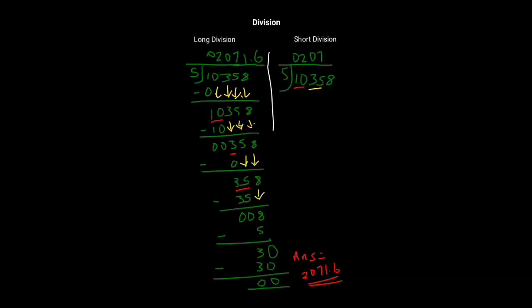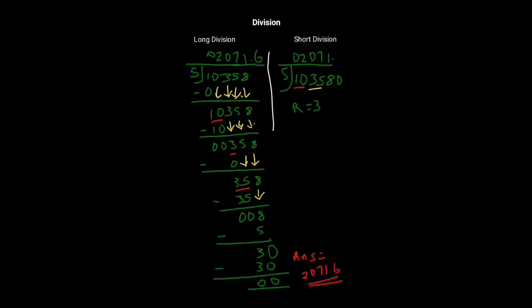And then we have 5 into 8, which gives us 1, and we have 3 remainder. So our remainder at this point is 3. But if we would like to reduce this further, then we need to add a 0 behind our 8 and add our decimal point on top.